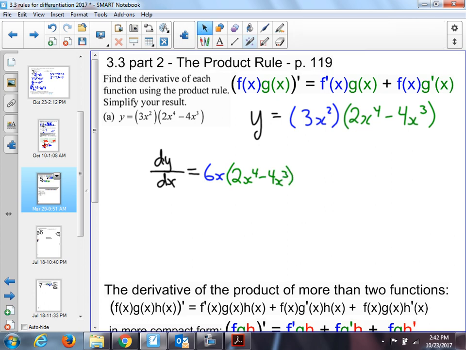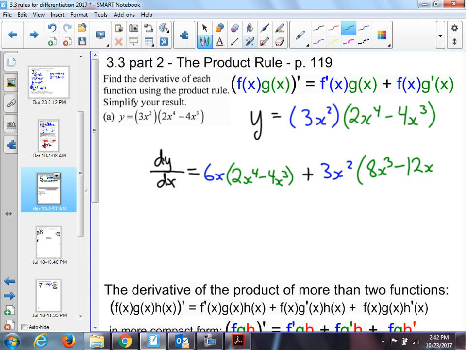Now, the addition sign is built into it. Then I got to put 3x squared, the first thing left alone, the derivative of the second thing. So the first thing left alone is 3x squared, as you mentioned. Second thing, derivative, I've got two chunks to it, but 8x cubed minus 12x. Great.